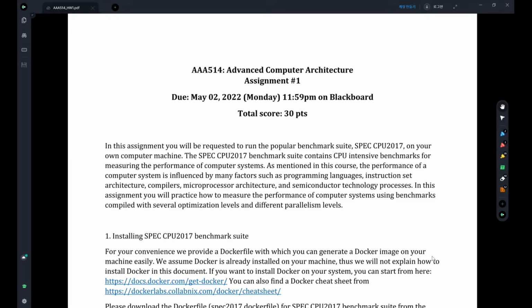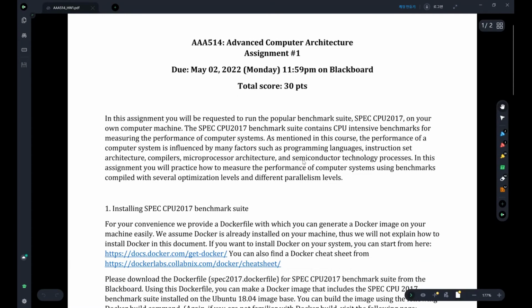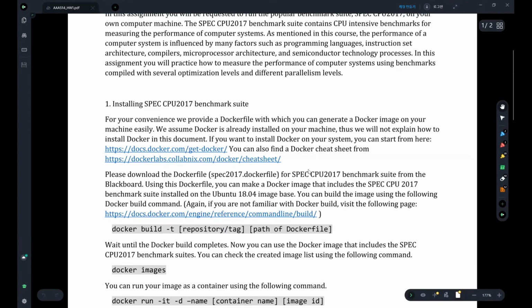Actually, I made a Dockerfile, so you can easily build your Docker image using this Dockerfile.